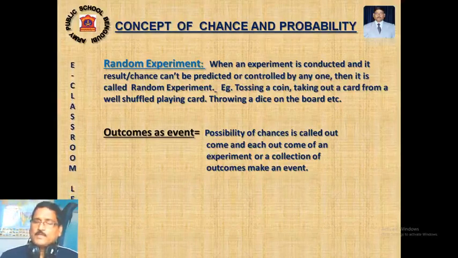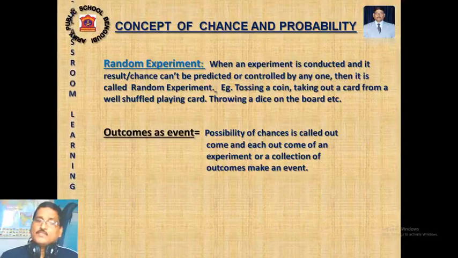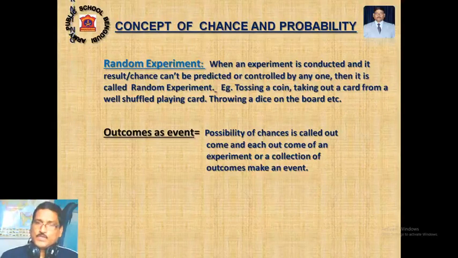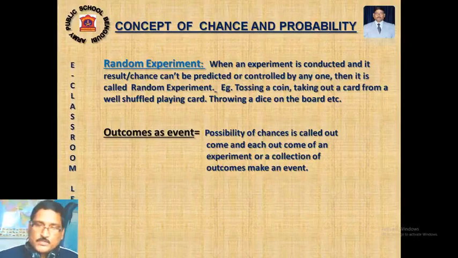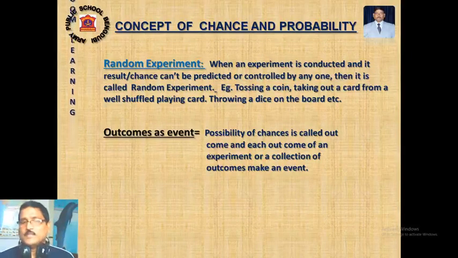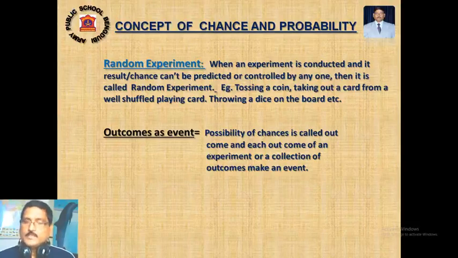Each part's probability will be 1 by 6, 1 by 6, 1 by 6, and if we add all the outcomes together it will be 1. That's why we say the total probability of an experiment is dash. Sometimes I set an objective type question: total probability of an event, or an experiment, is dash. So total probability is 1.